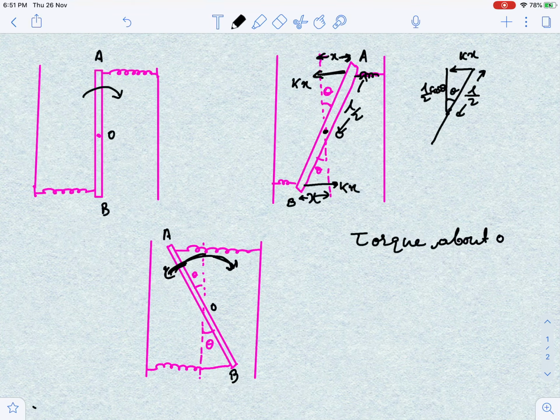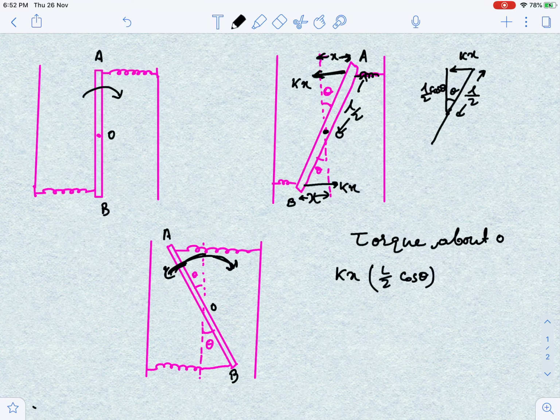So the torque of the upper force about this point O: the force is kx, applied on the left side of the upper half, into the perpendicular distance L by 2 cos theta.